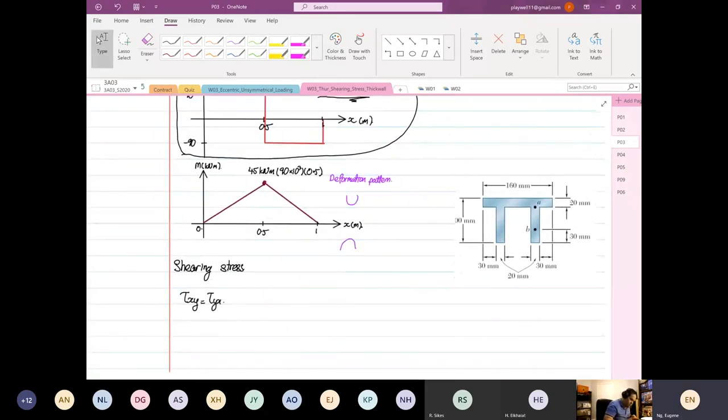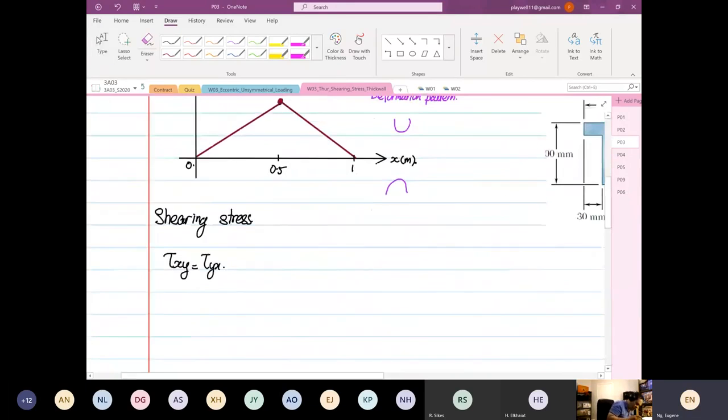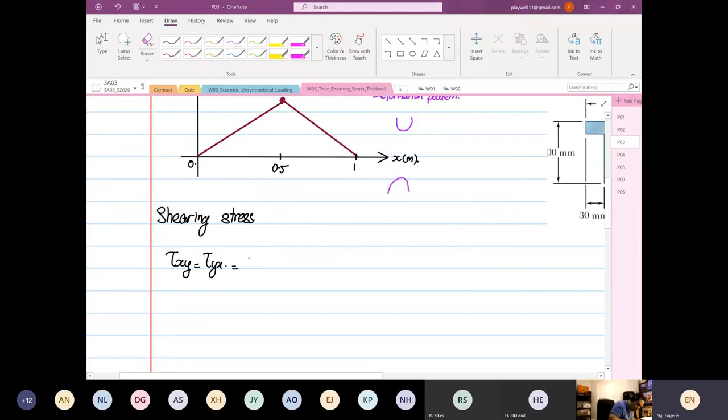So that's what we are trying to do. From here, we know that shear xy is equal to shear yx, and the shear is in the y direction. So if it's Vy, this will be equal to Vy Qz over Izz multiplied by thickness. Okay, so we're going to apply rule number 1: V and I are what? Constant.